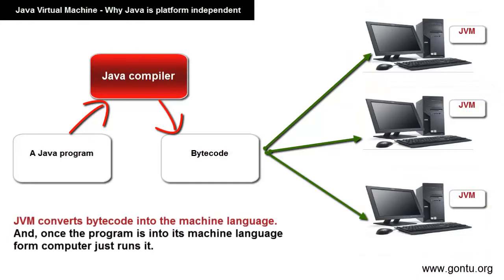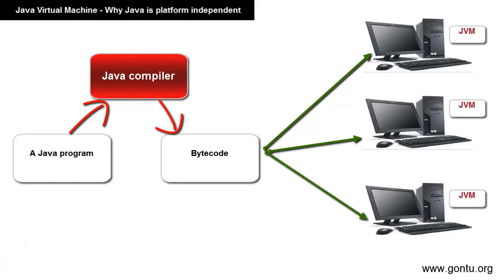JVM will convert the program written in bytecode language to the machine language, and once the program is in its own machine language, the computer just executes it. So this way your bytecode is executed by a JVM on all different types of computers.